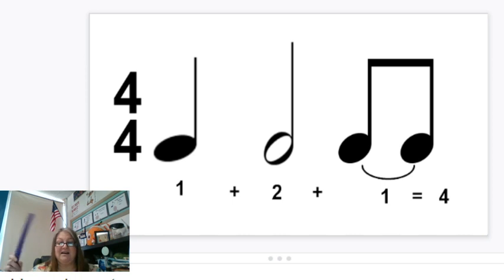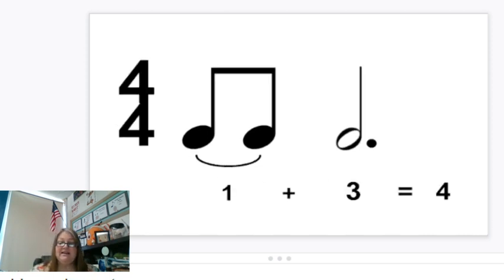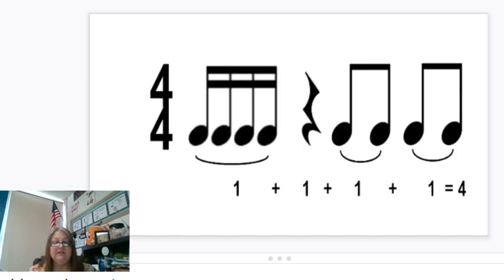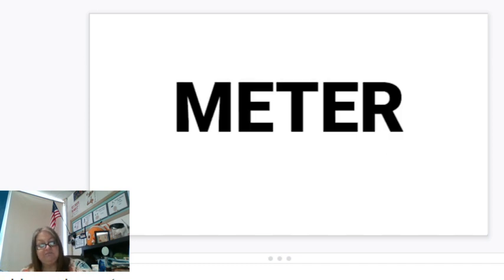Ta, ta, T. Ready, go. T, ta, sh. Ready, go. T, hold, 2, 3. Ready, go. Ticka, sh. T. Ready, go. Ticka, sh, ta.